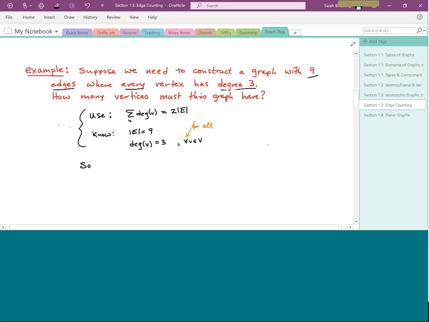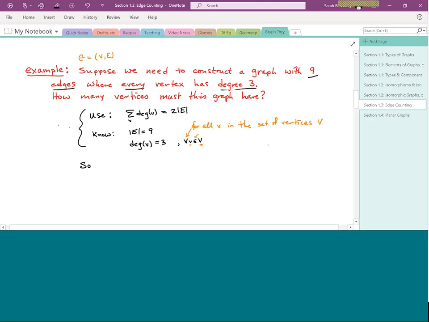Now the little v here means any vertex, so any v in, this symbol here means in, and we've been calling our set of vertices capital V, in the set of vertices capital V. This is under the assumption, which I should have written inside of this example, that our graph G has a set of vertices and a set of edges.